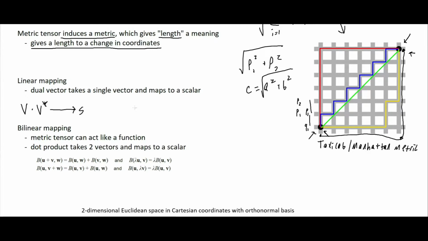You can think of the dual vector as kind of like a function. Maybe you could even write it like this, and then we have this space here, which is what the input of the function is, which would be some vector, and that brings it to a scalar, where the metric is a bilinear mapping.